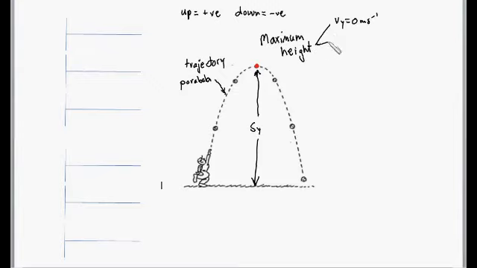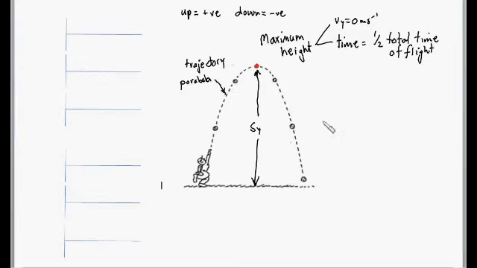Another key concept is that the time taken to get to the maximum height is equal to half of the total time of flight. This becomes very important when you try to calculate the range of the projectile, because it can only go across for as long as it is in the air.